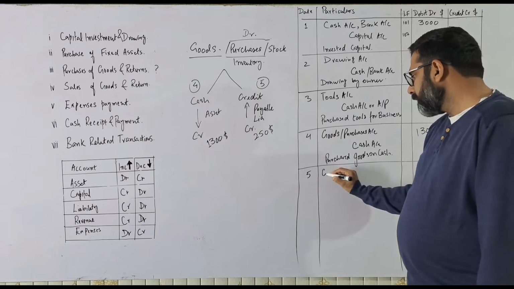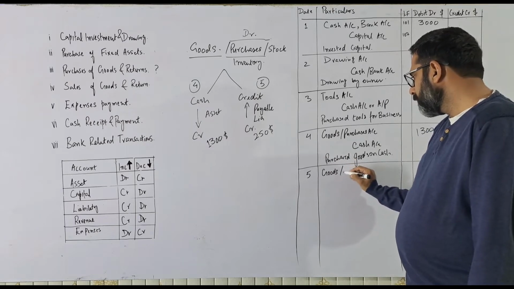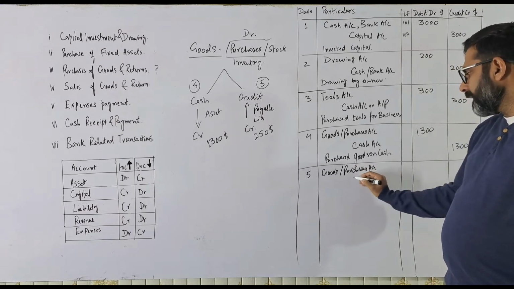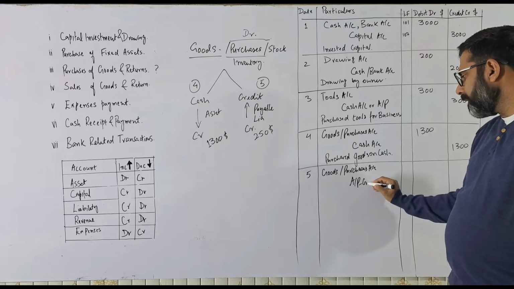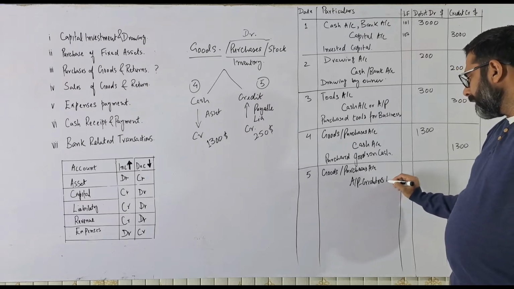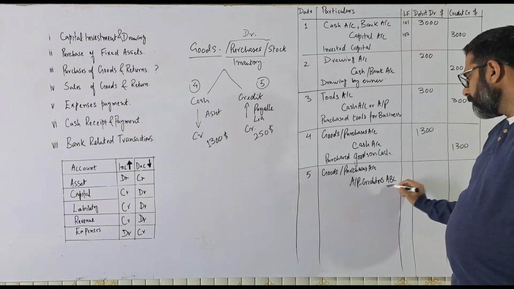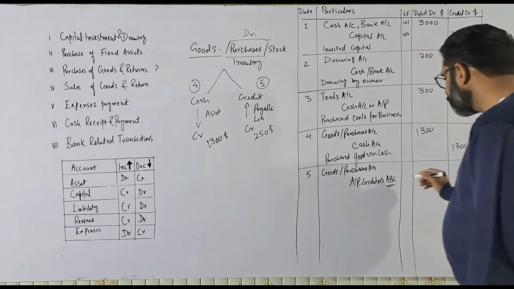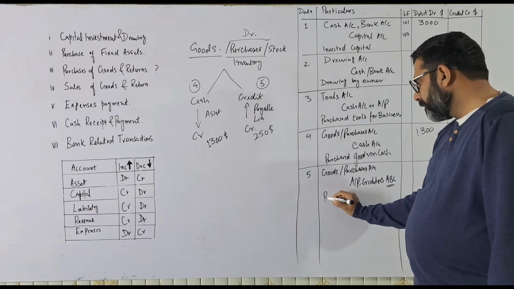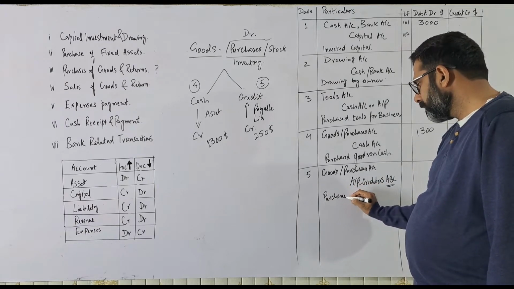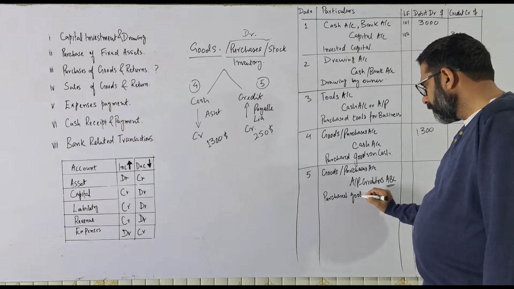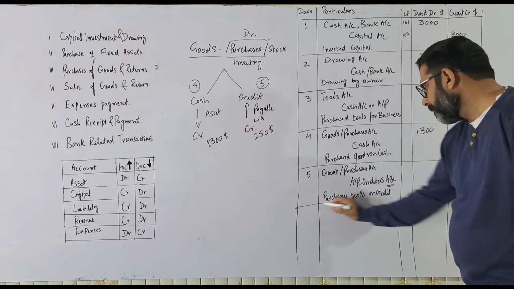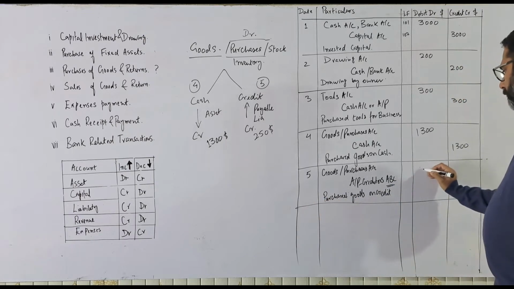Here the goods are there, so goods account or purchases account will be debit, and then the account payable will be credit, whatsoever is the name of the supplier, ABC, XYZ, so that will be credit. So the narration will be purchased goods on credit, $250.